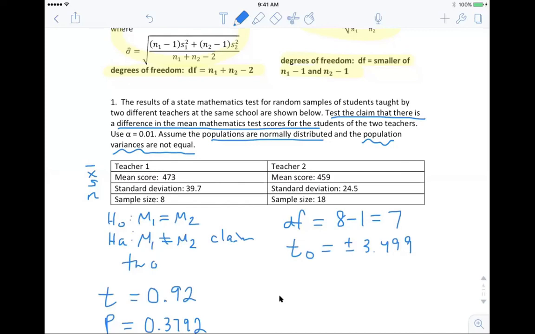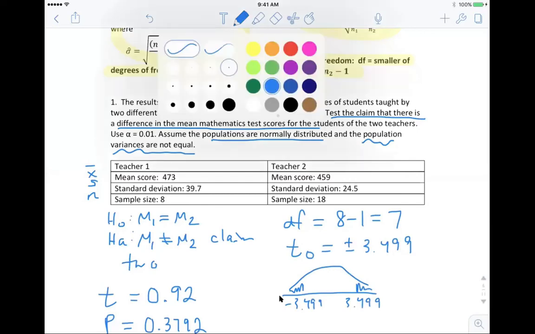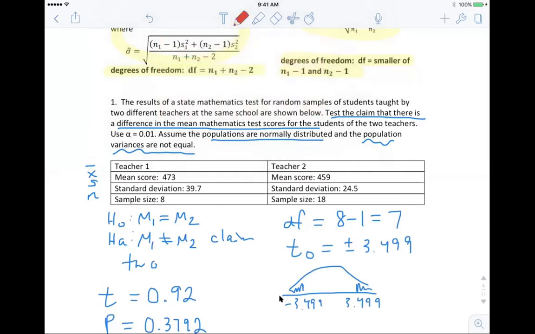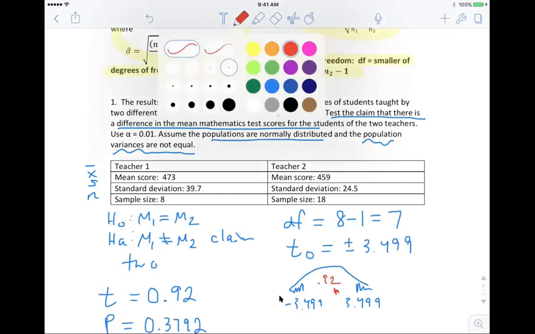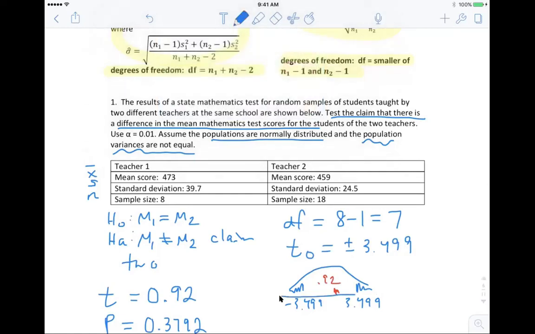Okay, or if you're doing the critical value method, there's the negative 3.499, positive 3.499, and then that 0.92 is nowhere near. That's not really good. It should be over there, right? To the right of 0. Okay, but it's nowhere near the shaded regions. So there we go.